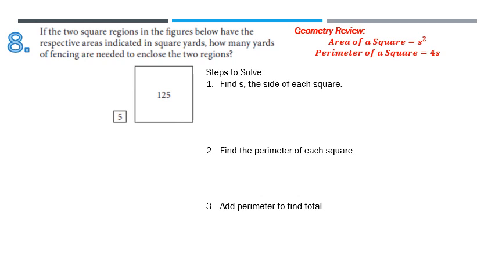It tells us that this number in the middle, that's the area. This guy right here is the area. So we can use the area to find the side of our square. We're going to call this side s1, and we'll call the big guy s2. So for the little guy, the area equals 5, and 5 equals s squared.